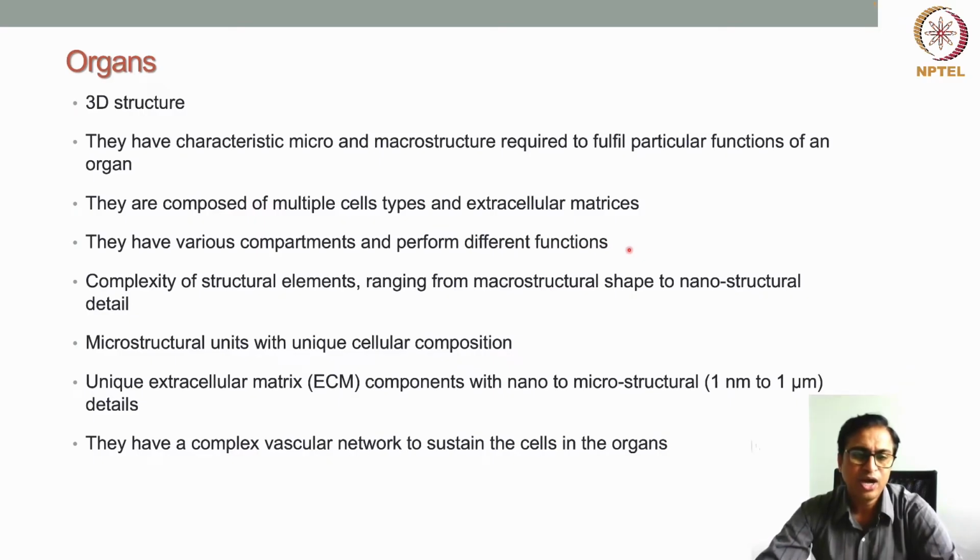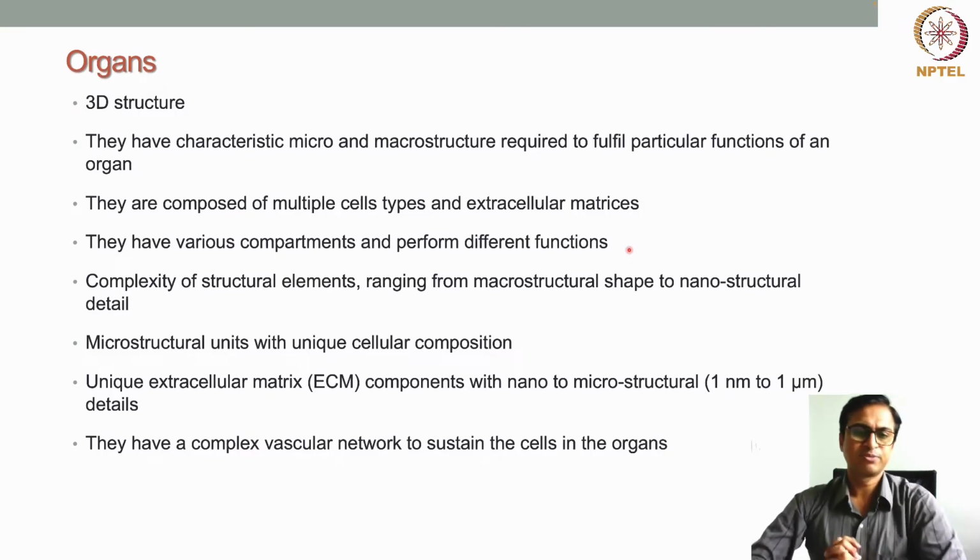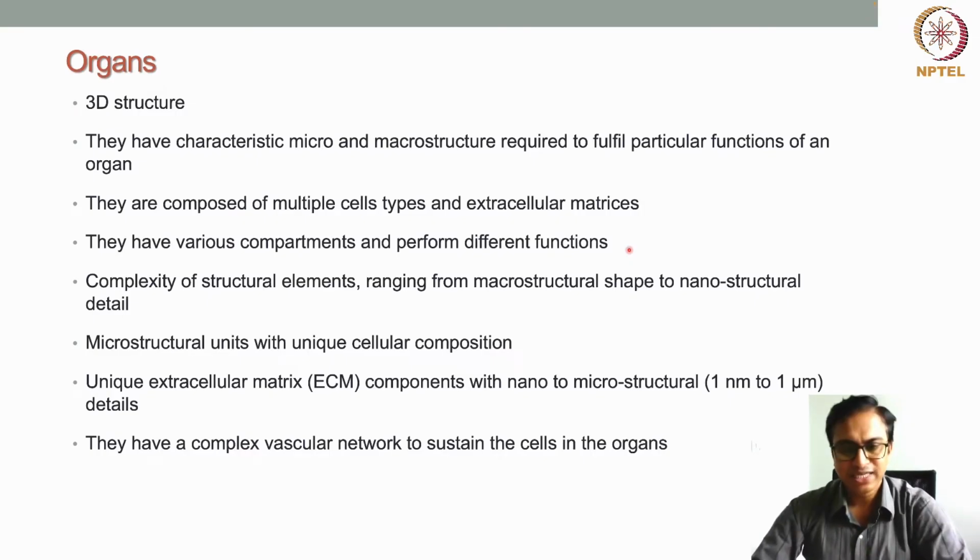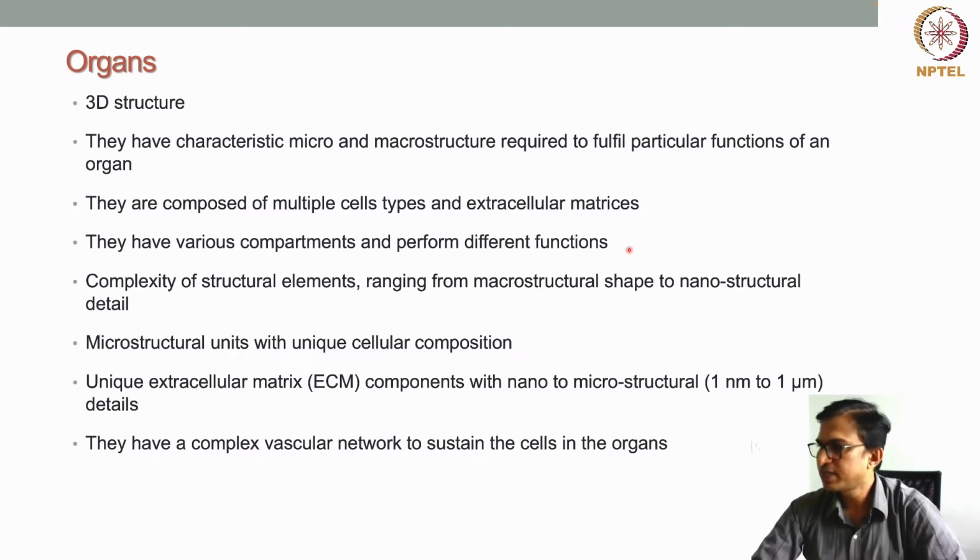Right. Now, other than the structural elements of a particular organ, there is also complexity. There is some amount of complexity within all the different types of structural elements, which can range from micro to nano. Suppose the different extracellular matrix components have a typical microstructure, and also a typical nanostructure.